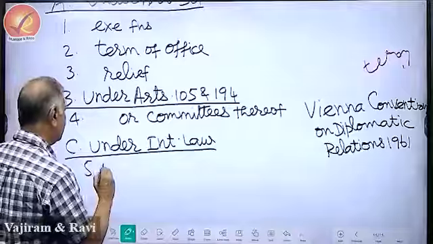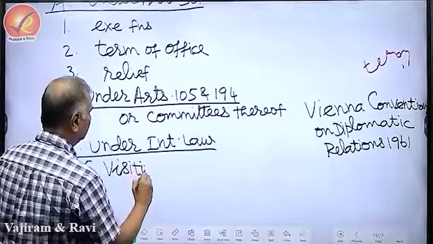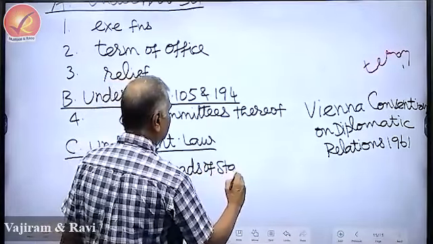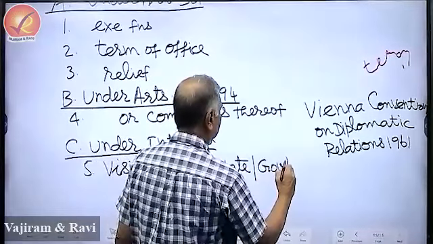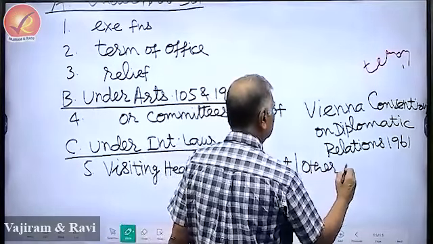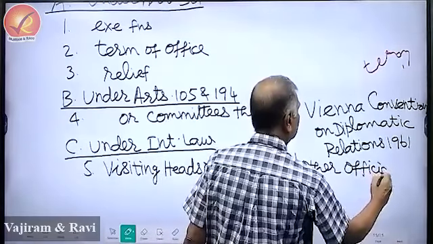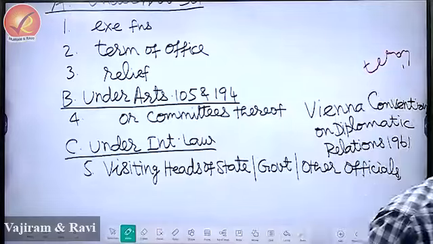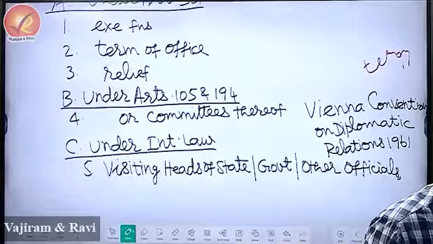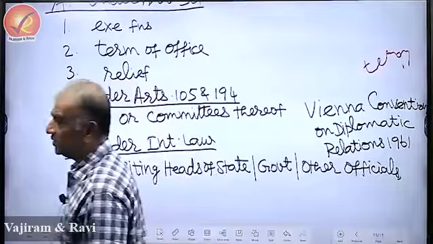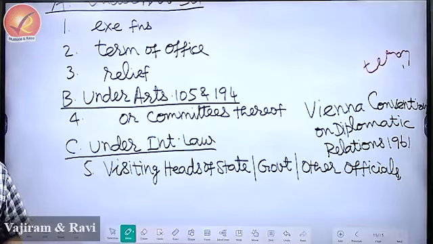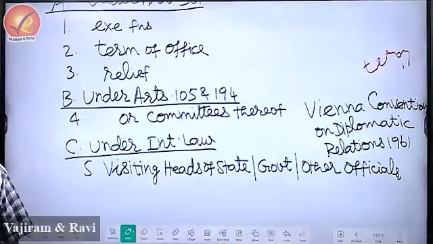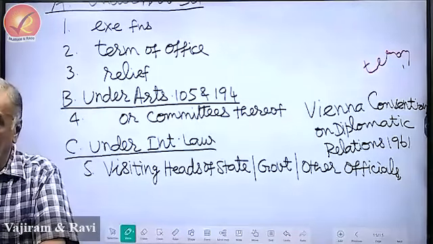Right. So the fifth point: the visiting heads of state, heads of government, other officials, and foreign diplomats who are posted in the country are not subject to the jurisdiction of the local courts.